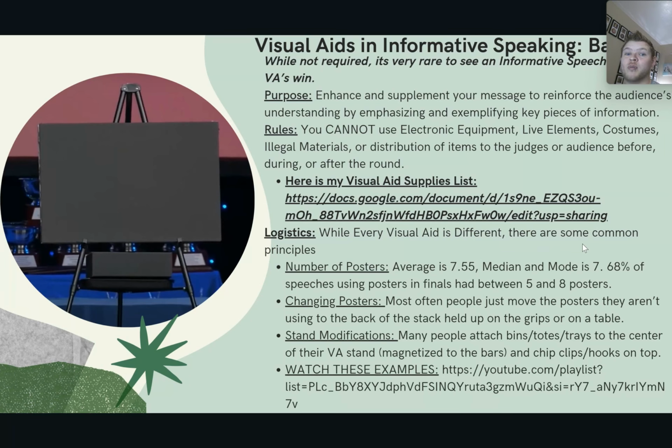What do you need for materials? Well, I've made a visual aid supplies list that you can check out. That's pretty comprehensive, but you're going to need a display stand and a carrying case. You're going to need arts and crafts supplies. Most posters that are in finals are rectangular shaped black foam poster boards or mat board poster boards. Some people use white or rarely other colors.